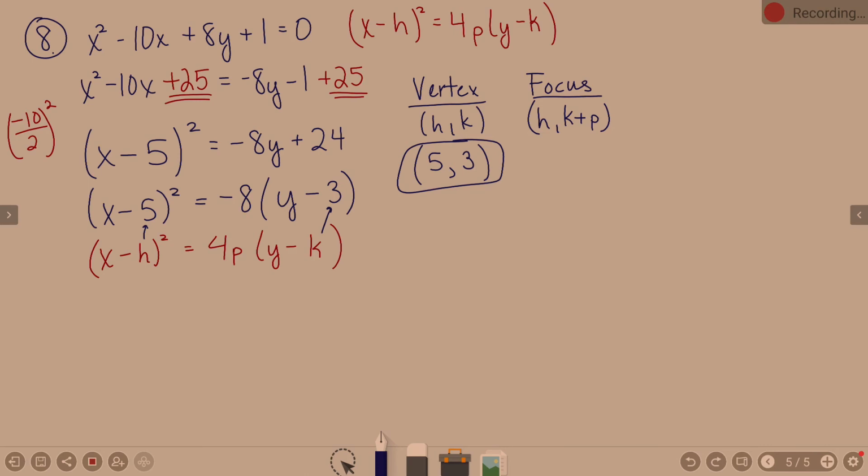I look at the fact that there's a negative 8 factored out front. In our setup, it's 4p. So I would use the idea that 4p equals negative 8, and if I divide by 4, p is negative 2. So I'm doing h, comma, k plus p. We already said h was 5, comma, k is 3, plus p, so plus negative 2. So my focus is 5, comma, 1.